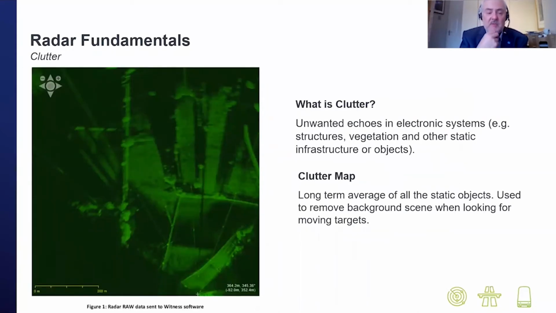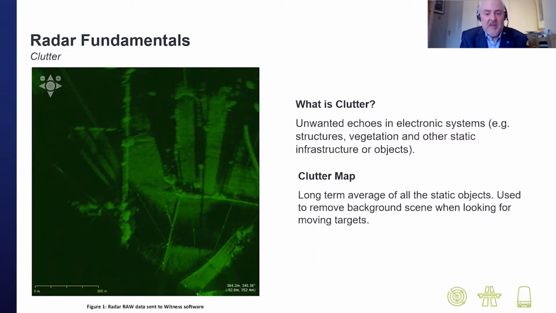Basically every radar system works in the same way. Every scan of the radar system will result in all of the fixed objects within its field of view being mapped out into something called the clutter map. This is generated in every scan.